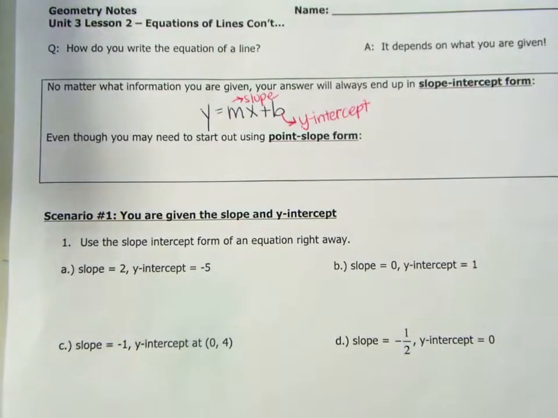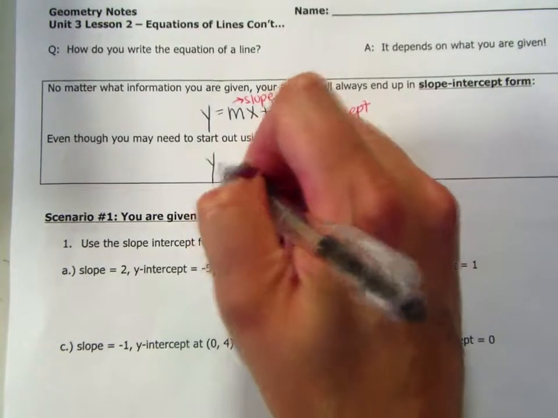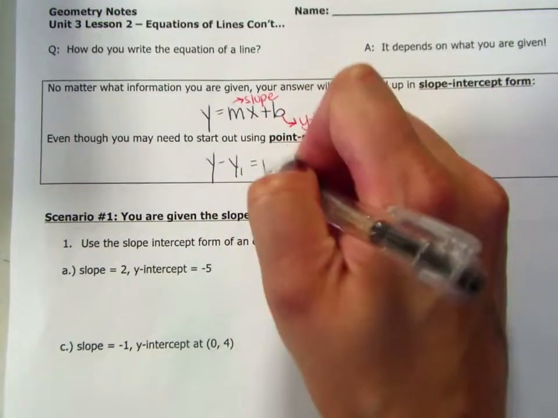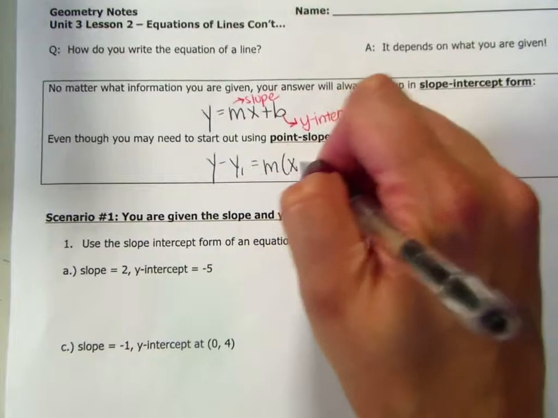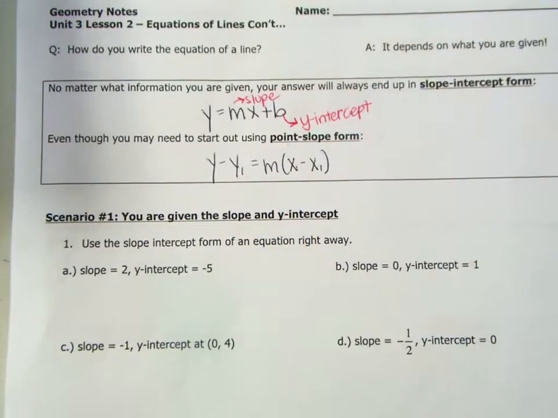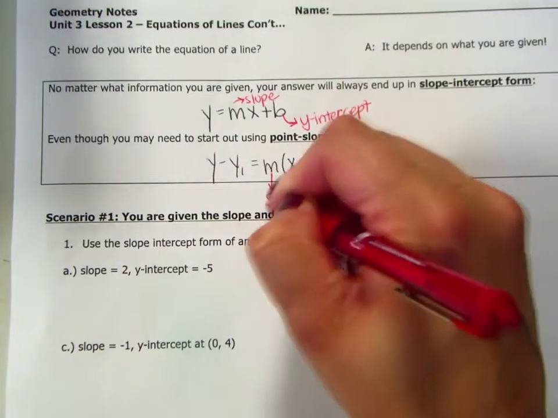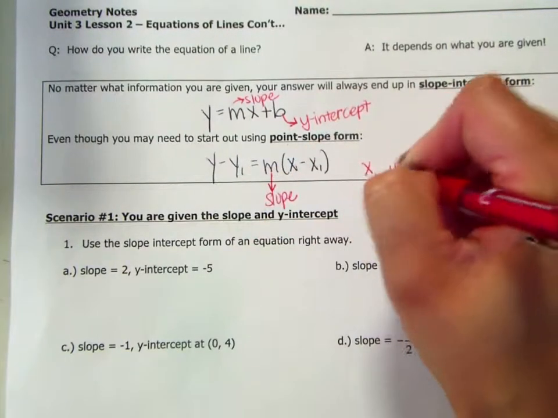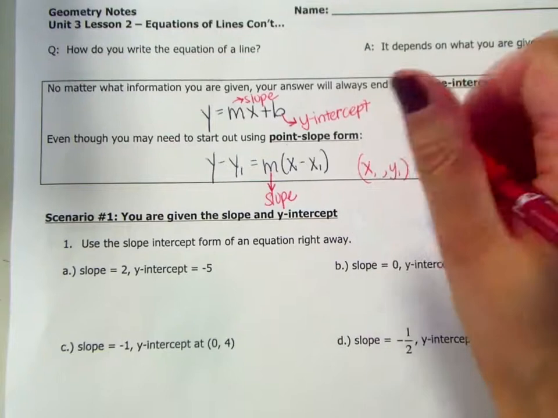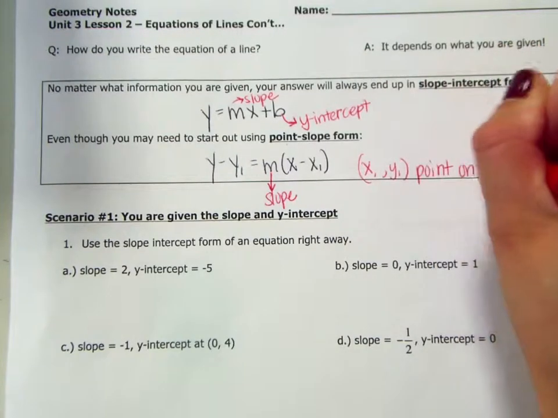What we are going to eventually use today is our point-slope form, which you would have used quite often in Algebra 1. y minus y1 equals m times x minus x1, again, where m is standing for your slope, and the point x1, y1 is a point on your line.